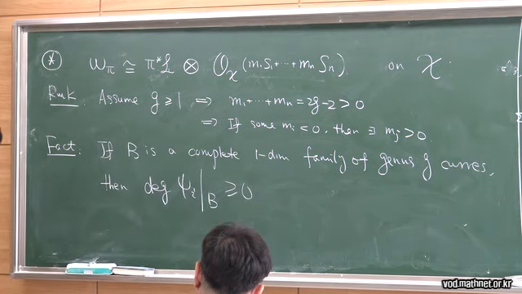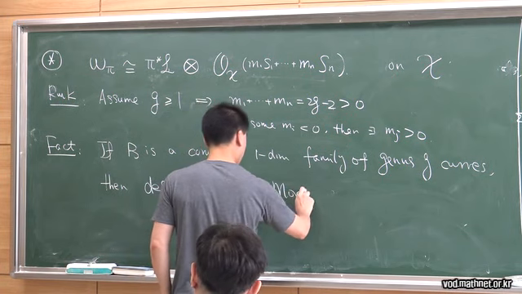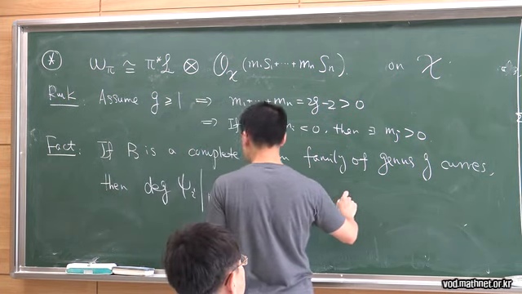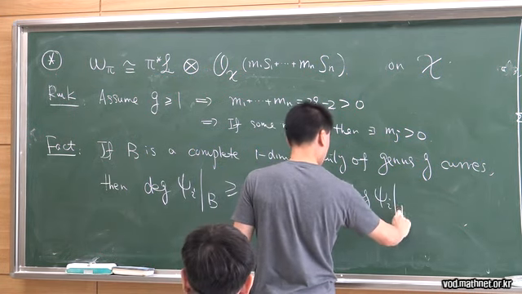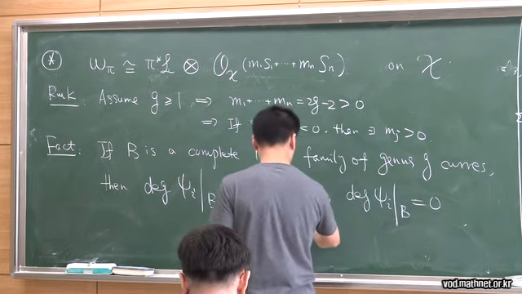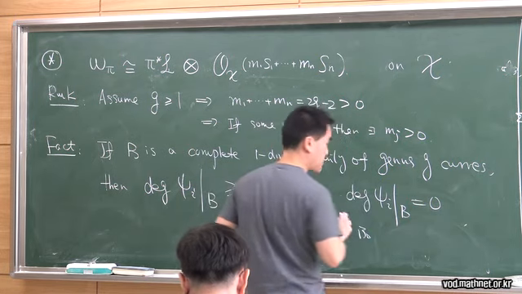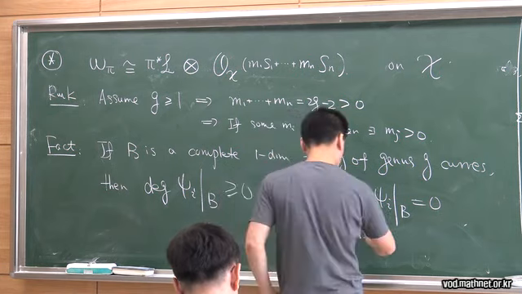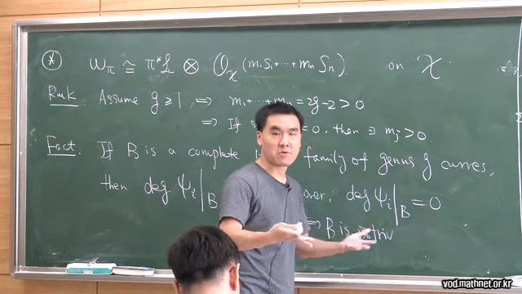The psi i has a positivity property. Moreover, the degree is equal to 0 if and only if B is a trivial family, or isotrivial. That means it maps to a point in M g n. All the fibers are isomorphic. It's not a true family, it's just some representative trivial family.